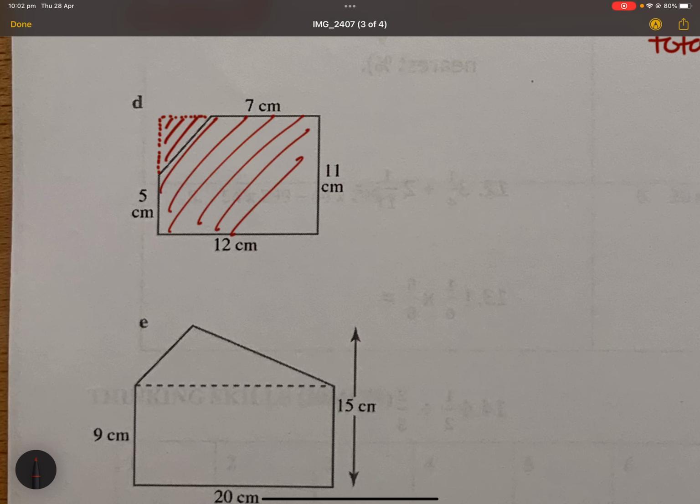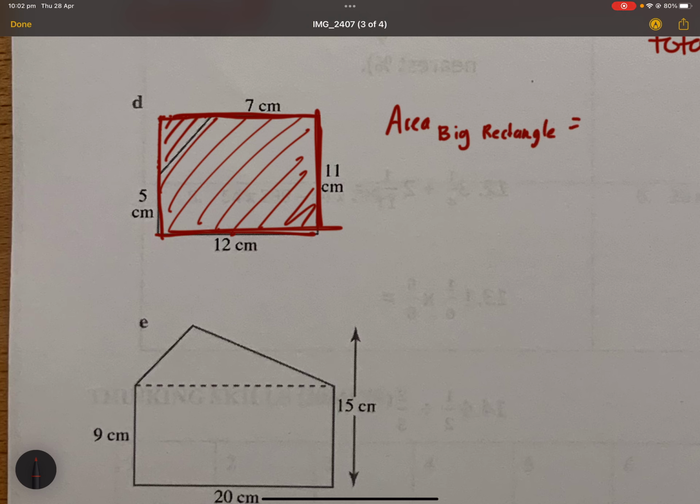What's the area of the entire shape? The area of the entire shape is 11 times 12. If you do 11 times 12, I get the area of this entire rectangle. So the area of the big rectangle is equal to 11 times 12.